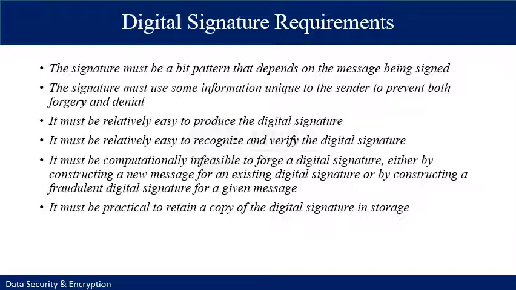It must be relatively easy to produce the digital signature, and relatively easy to recognize and verify it. It must be computationally infeasible to forge a digital signature, either by constructing a new message for an existing digital signature, or by constructing a fraudulent digital signature for a given message. It must be practical to retain a copy of the digital signature in storage.